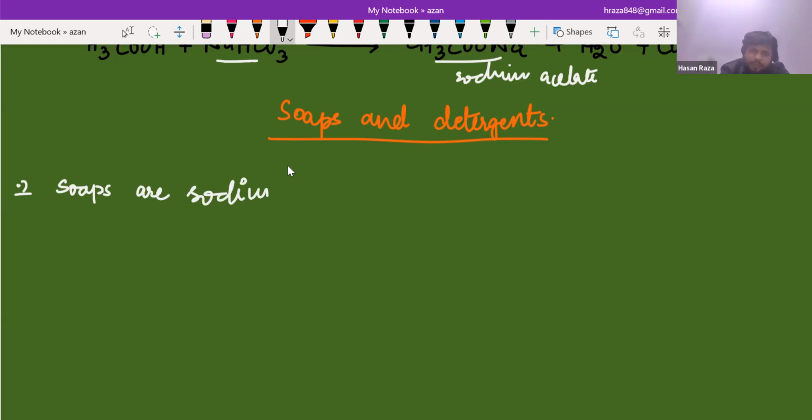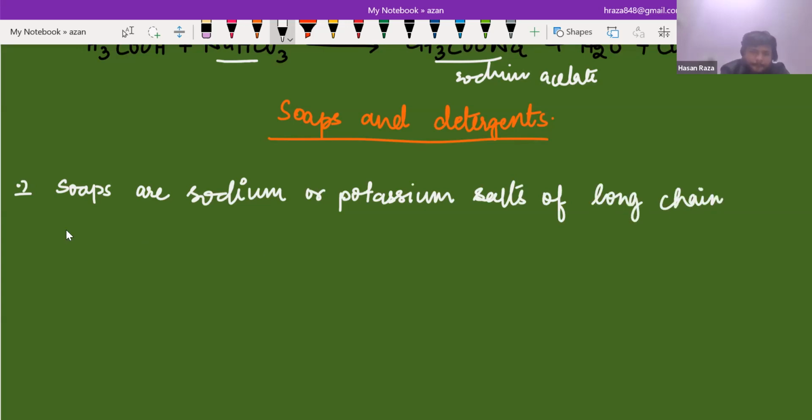sodium or potassium salts of long chain carboxylic acids.